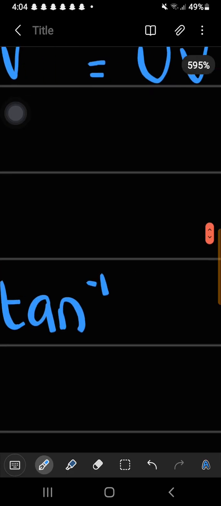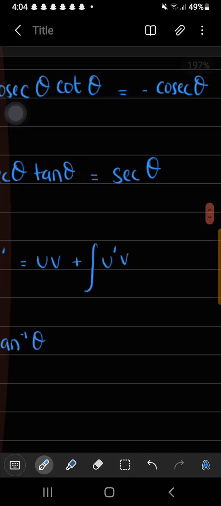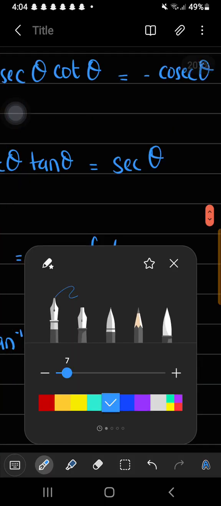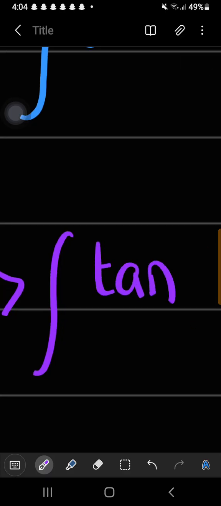To identify the integration of tan inverse theta, we will apply by parts. How will we apply? Let's have a look at this. Basically, I am working with purple color. It is the same as the integral of tan inverse theta multiplied by 1 d theta.